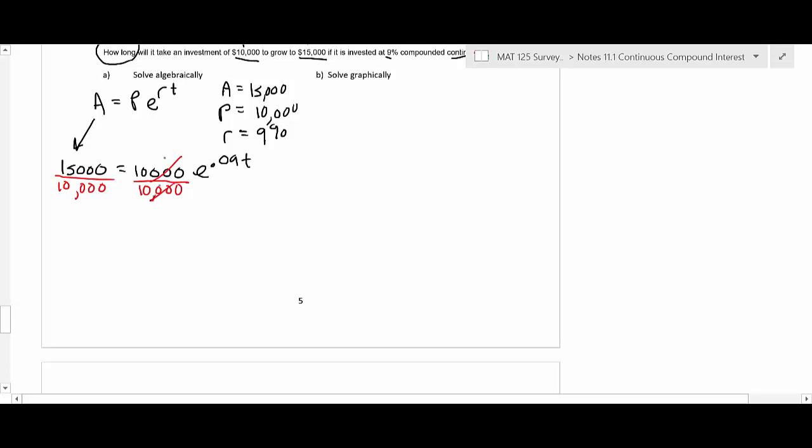Okay, and that's going to cross that out, and then on the right side you're going to end up just having e to the 0.09t, and all these zeros cross out right there, so 15 divided by 10, that's just 1.5. That's what you get, and use your calculator if you need to, I don't care. But it's just as good to just do that in your head.